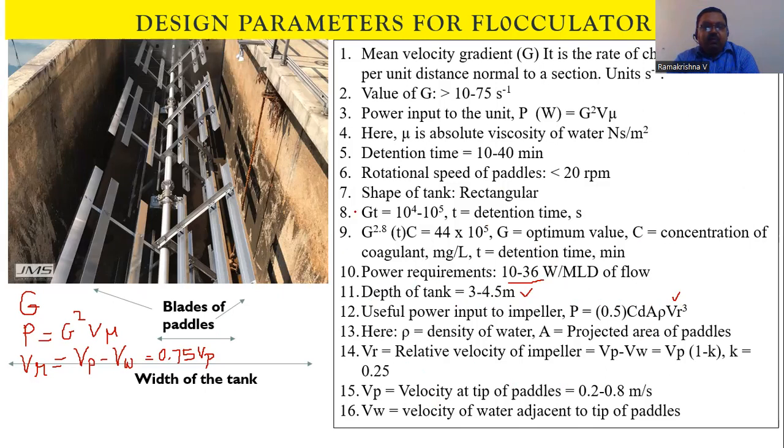Besides this, we have two more checks. One is a dimensionless value GT, 10 to the power 4 to 10 to the power 5, where G is per second and T is in seconds. Then one more, based on the coagulant concentration, detention time, and G value: the numerical value G to the power of 2.8 T into C equals 44 into 10 to the power of 5, where G is the optimum value, C is the concentration of coagulant in milligram per liter, and T is detention time in minutes.